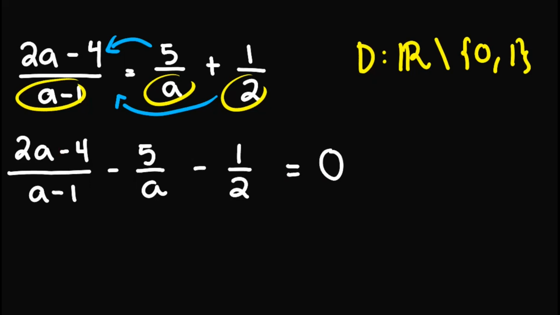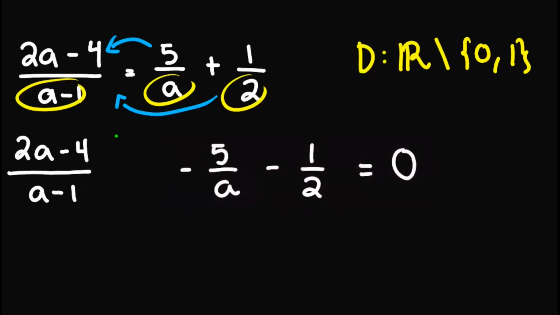Now, we make the denominators the same. Since there are no common factors among a minus 1, a, and 2, we'll multiply, for instance, the 2 of this to this rational expression.